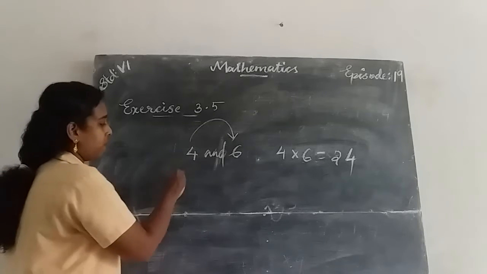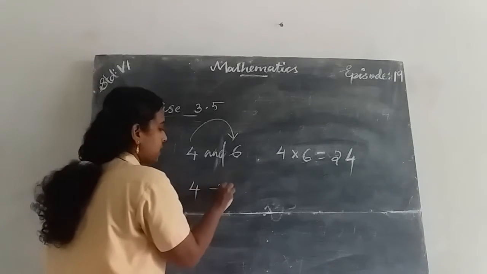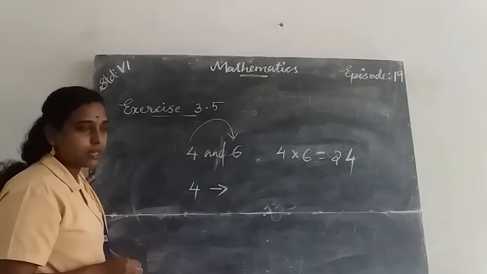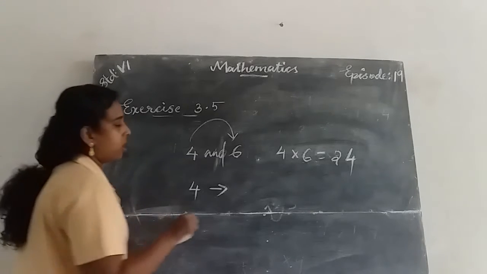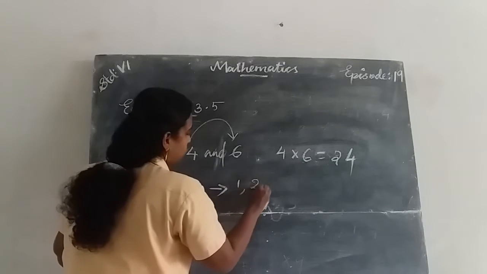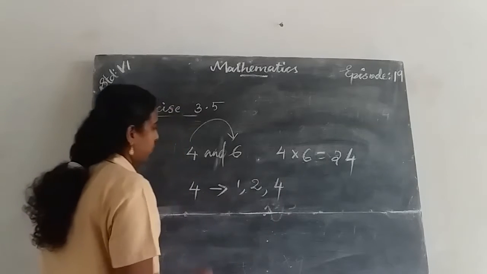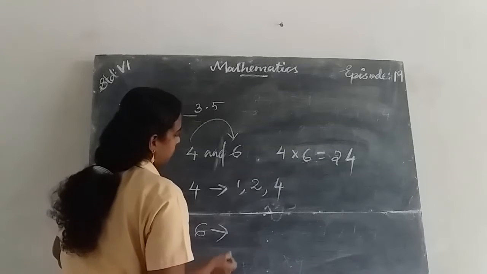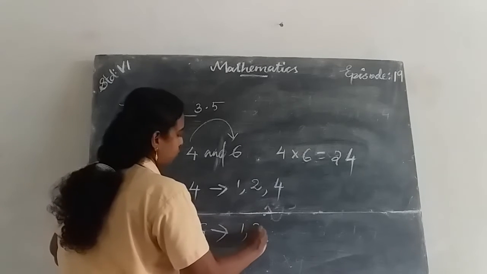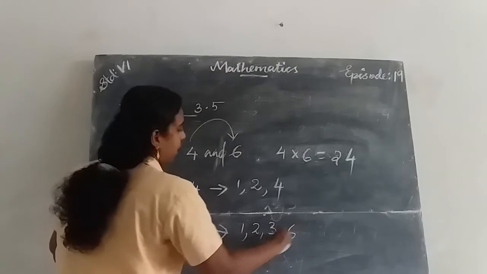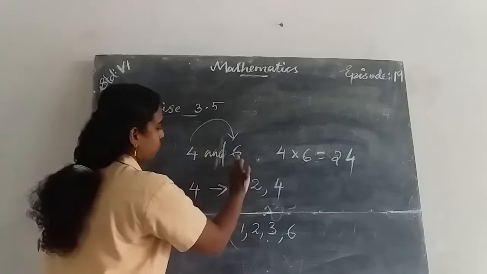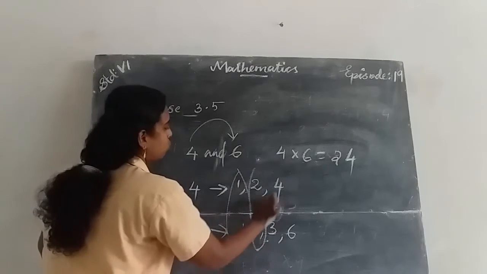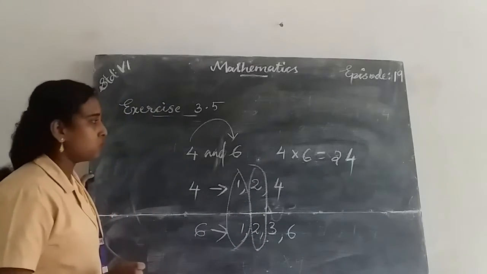Okay. So 4 and 6, are they co-prime numbers or not? If you take the factors of 4, factors of 4 are 1, 2 and 4. And 6 comes under the table of 1, 2, 3 and 6. Here 4 and 6 have two common factors, 1 and 2.